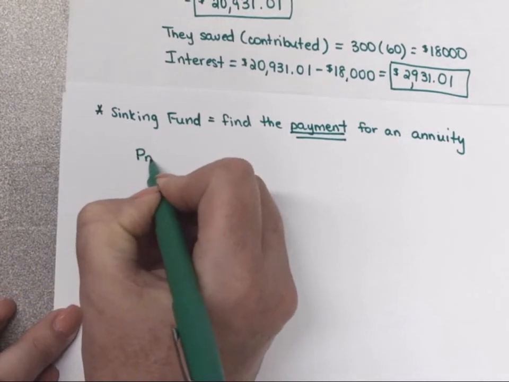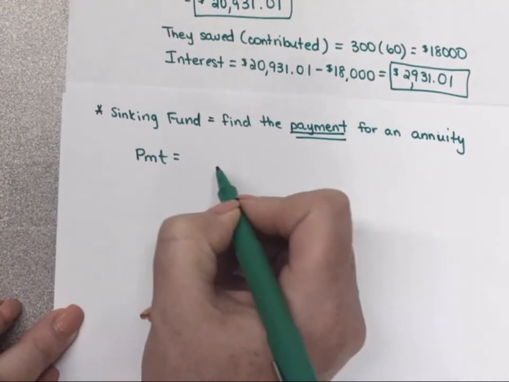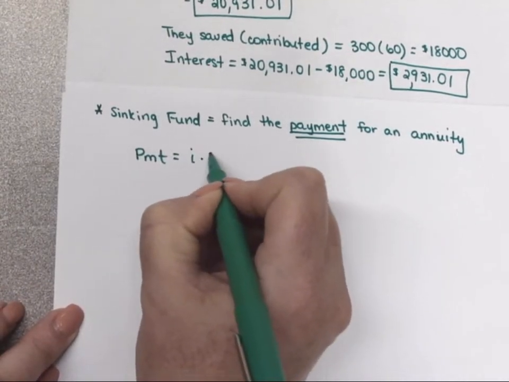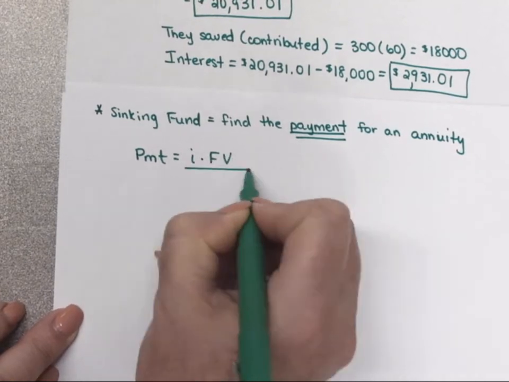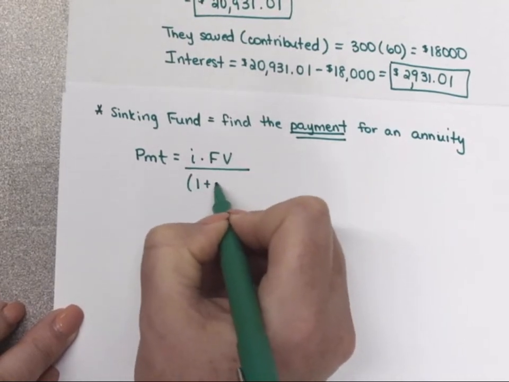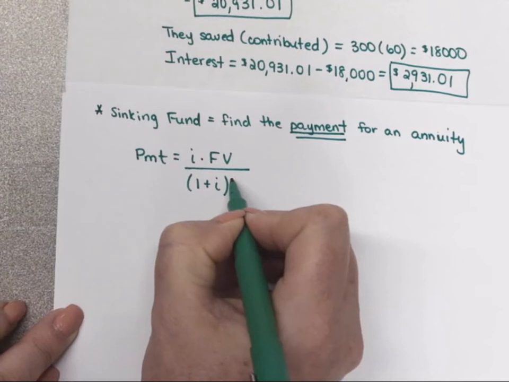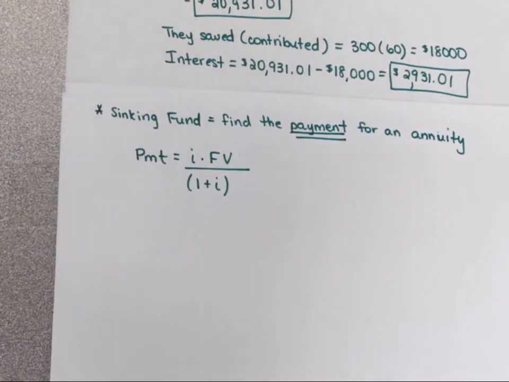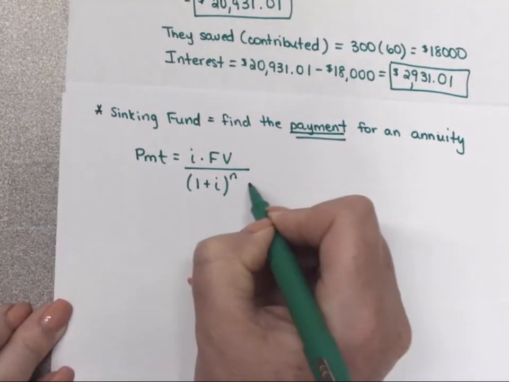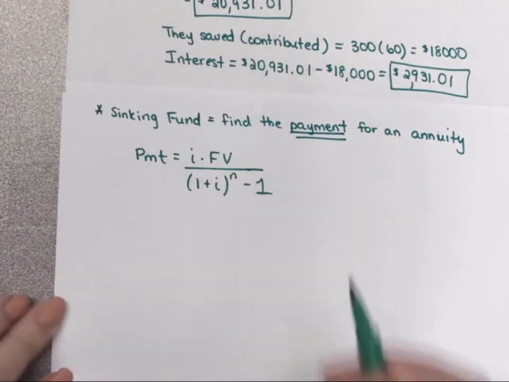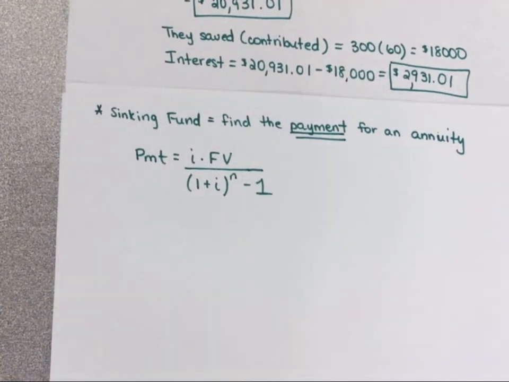So here is the formula, and you're hopefully going to notice that it looks like the future value formula just kind of solved or switched around, and that's actually exactly what's happening here. Okay, so this is the same formula, but solved for payment instead of future value equals blah, blah, blah.